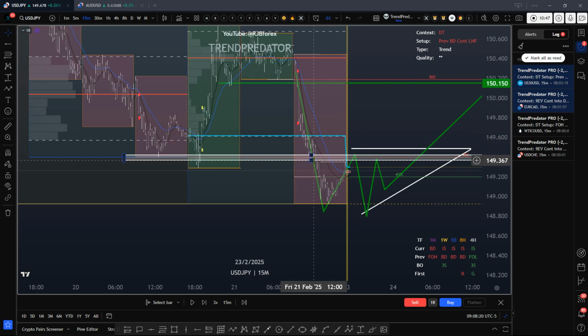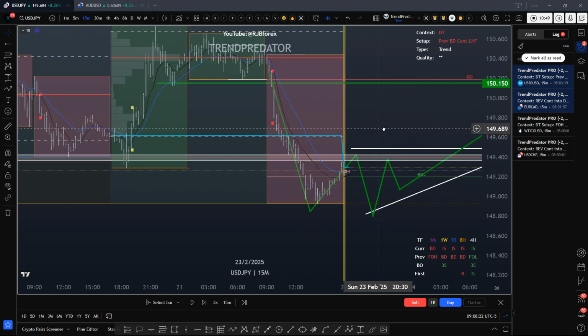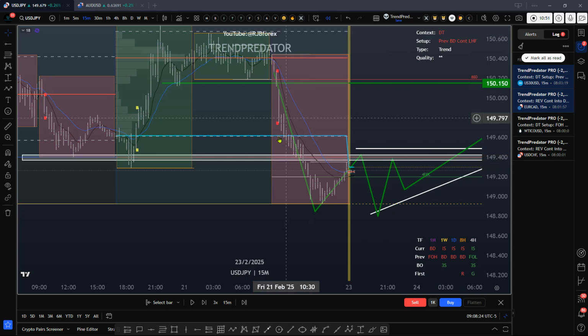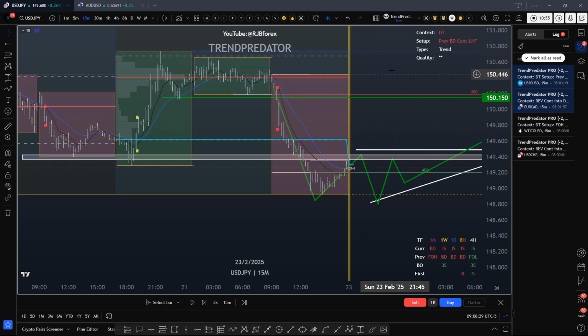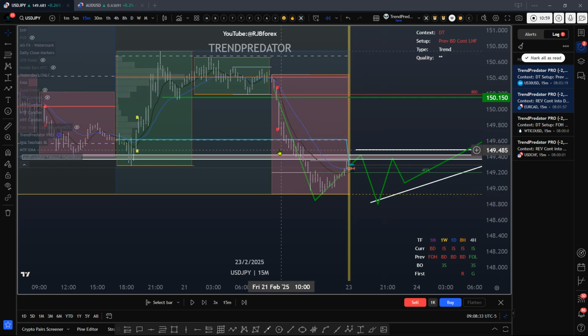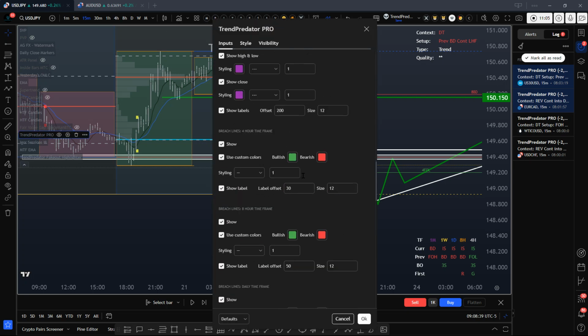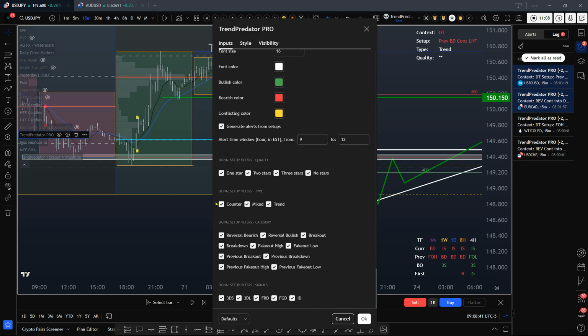Now, it depends what resonates with you. So you can pick and choose what setups you want the indicator to give you, right? So if you prefer to buy, then that wouldn't have shown, because what you can do is you can actually go into the settings and turn off the 2-star setups, for instance.